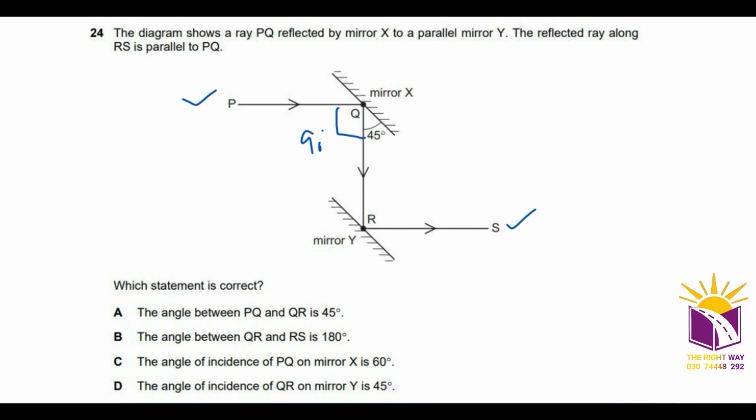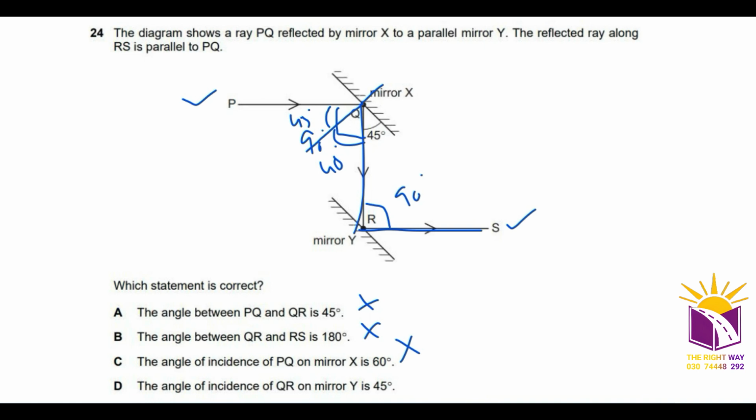Okay, the angle between QR and RS, it is also 90 degree. It is not 180 degree. The angle of incidence of PQ at mirror X is 60 degree? If I draw the normal of this one, then the angle of incidence is 45, and the angle of reflection is the same, 45, so it is also incorrect.